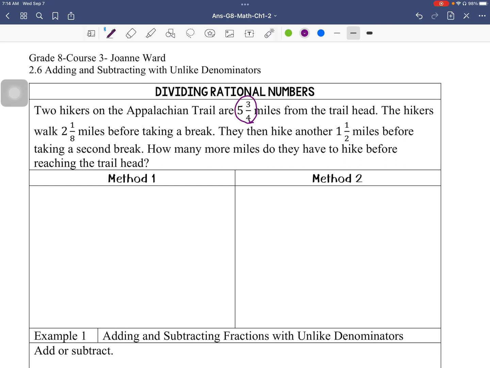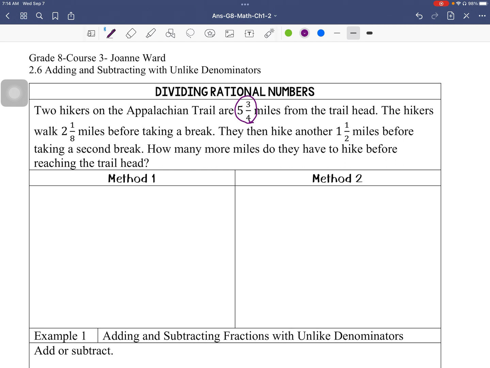So how many miles do they need to hike before they reach the trailhead?